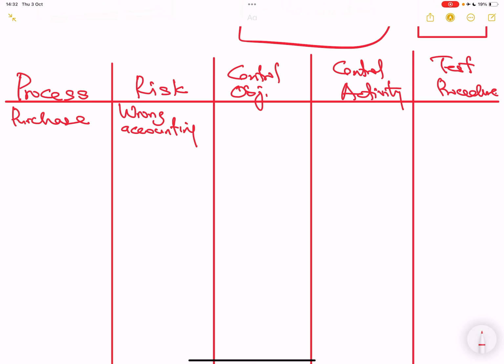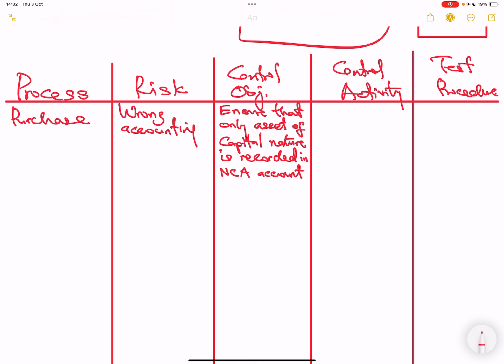And our control objective is to ensure that only assets of capital nature are recorded in the non-current asset account. Remember, IAS 16 mentions those criteria.